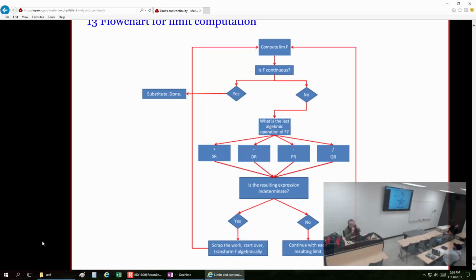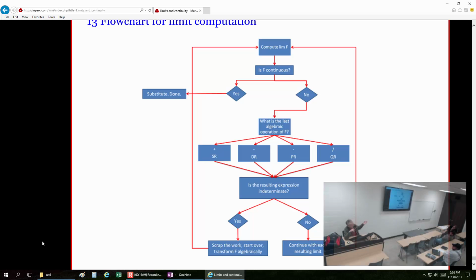Sometimes it's simple, or it's not. Probably no isn't really the correct answer. It is possibly you don't know. No means maybe. Yes means yes, and no means maybe. As you move along, you will discover whether or not it's continuous. If it's not, then you break it into algebraic operations, hoping that those parts of the function will be continuous.